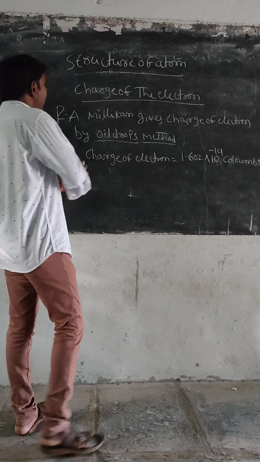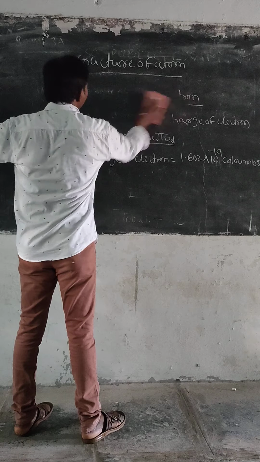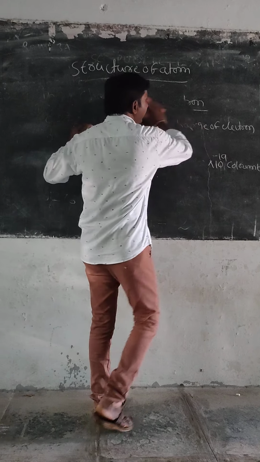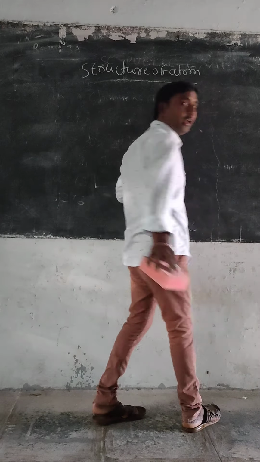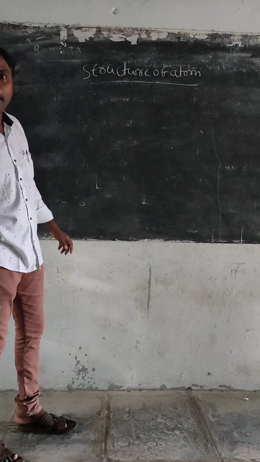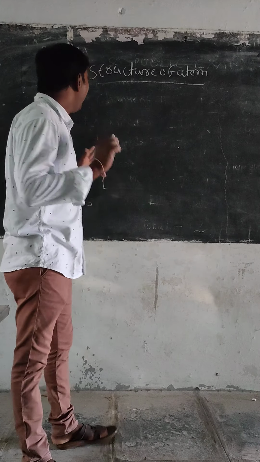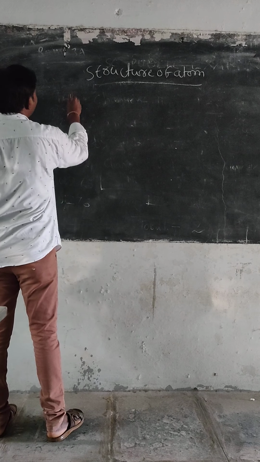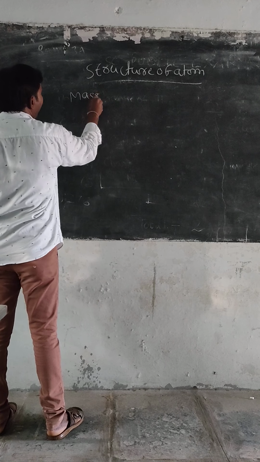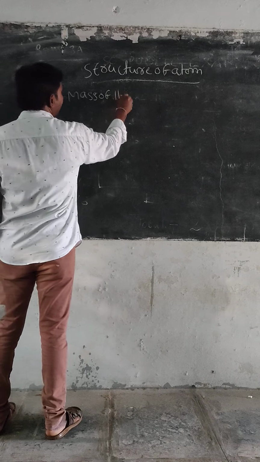So finally, J.J. Thomson gave the charge to mass ratio of the electron. R.A. Millikan gave the charge of the electron. Finally, we want to find out the mass of the electron.